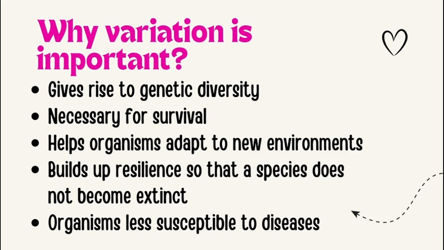Then we want to find out why variation is important, right? We said before that the entire point of all of this is to see how genes are passed on from one generation to the next. But how does variation fit into this? Variation is what is different between the generations or between the species.